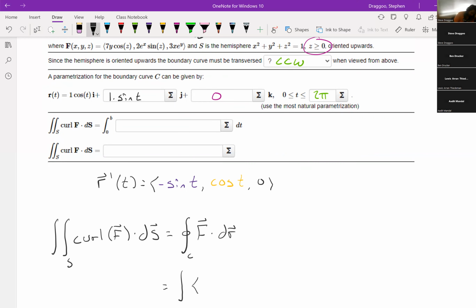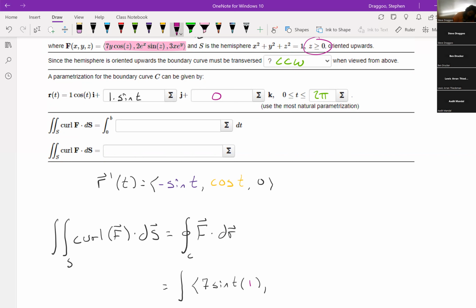Should write that down while it's still just barely on the screen. Right up here at the top, that's our field. I've got 7y, which is going to be 7 sine t, times the cosine of z. Z we know to be 0 along our boundary curve, and the cosine of 0 is 1. Cool, that's our x coordinate. Up next, 2e to the x times the sine of z. Again, z is still 0, we're on our boundary curve, and the sine of 0 is 0.